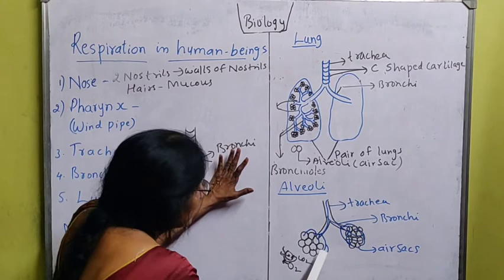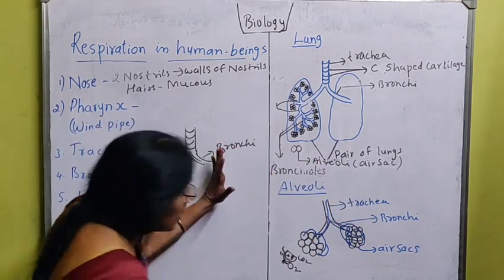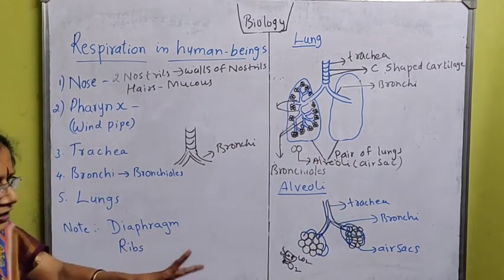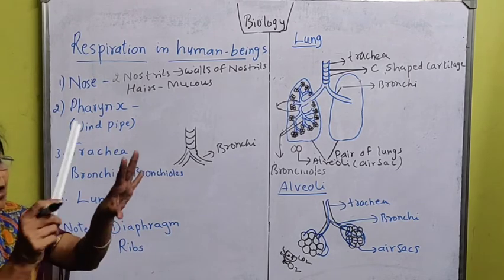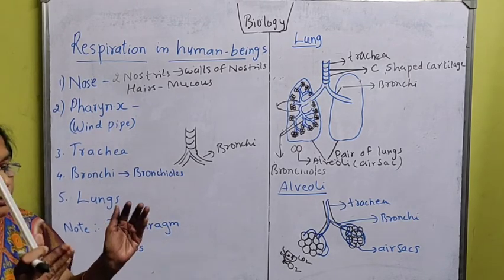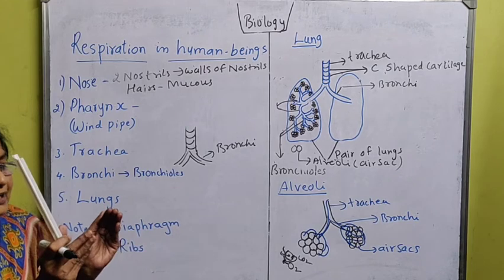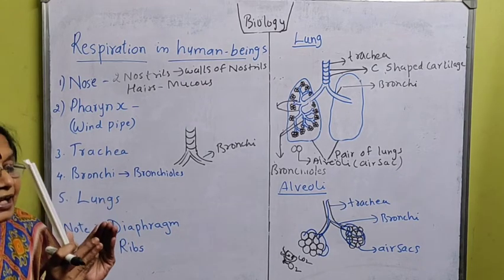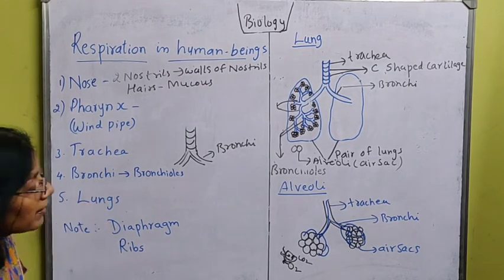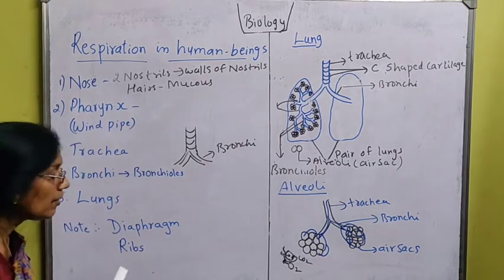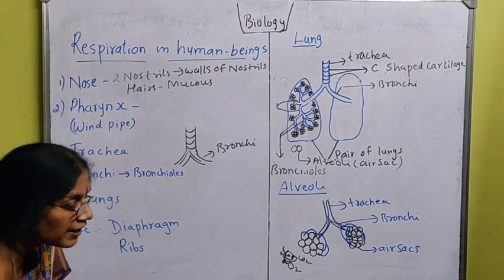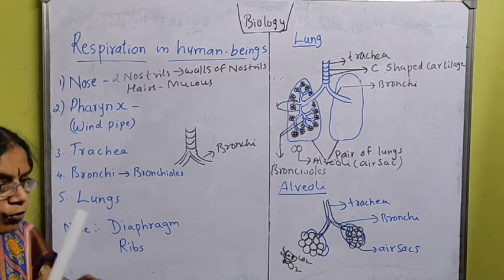Then after that, in both the lungs, when the exchange of gases is over in all the alveoli, the alveoli start contracting. Due to that contraction, the diaphragm, which had moved down, will come up, and the ribs will move backward.